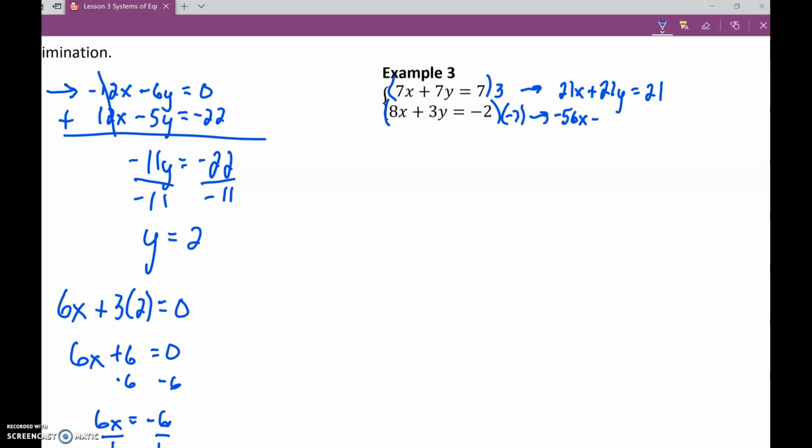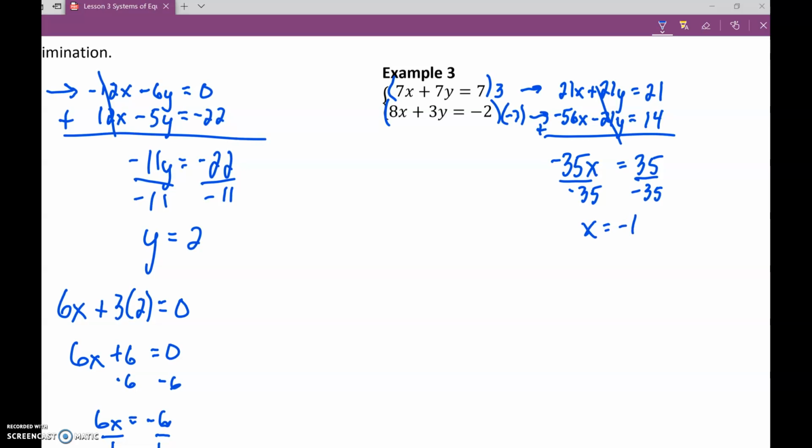And now we can add these up and my y's eliminate. So 21 plus -56. So -35x. 21 plus 14 is 35. Divide by -35. And we end up with x equal -1.